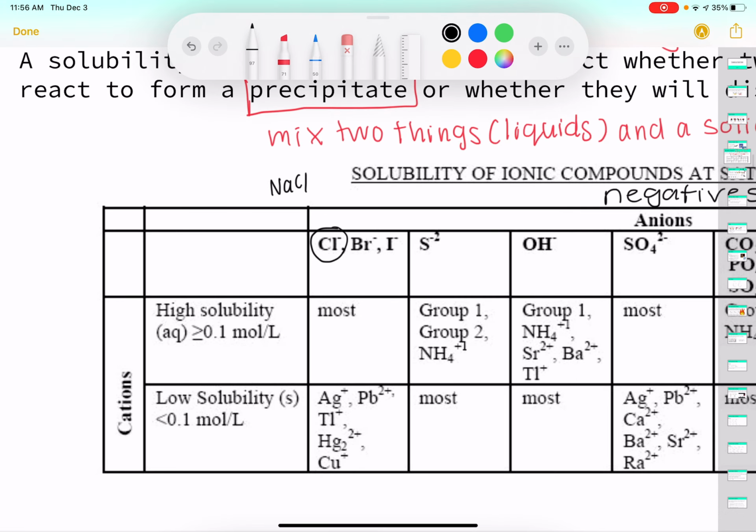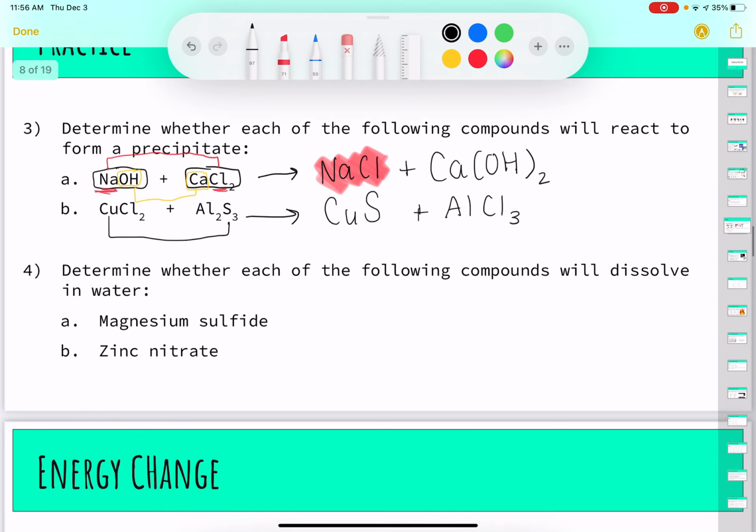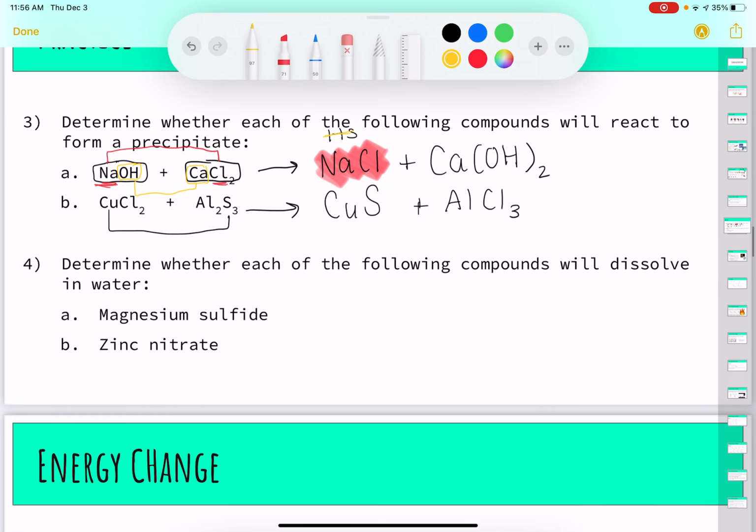And then we move down to look for Na. There's no Na down here, which means it must be in the ones that aren't written, which is high solubility. So we're not crazy when we say salt dissolves in water. You've probably done it before. It dissolves. So I'm going to write HS for high solubility.